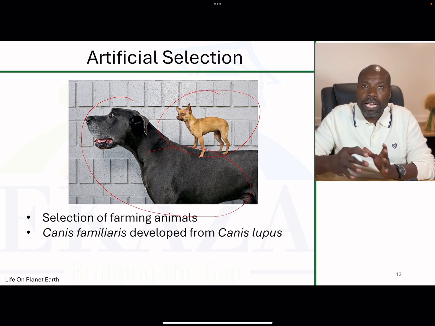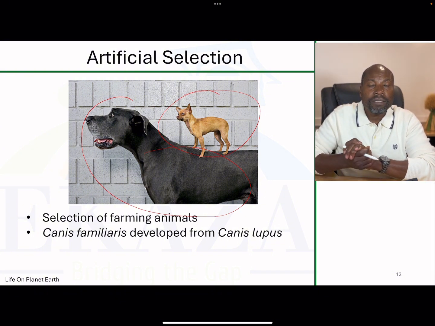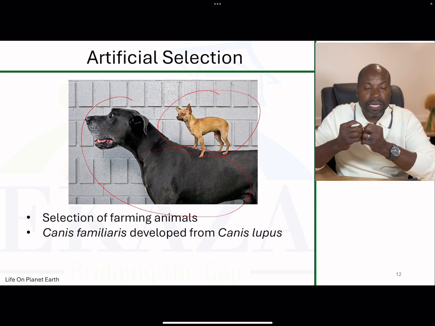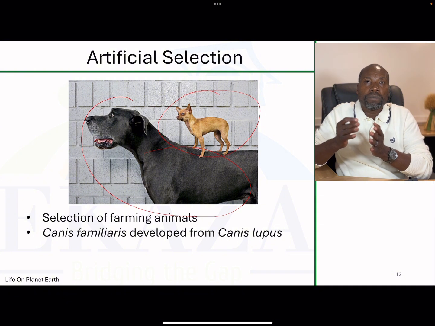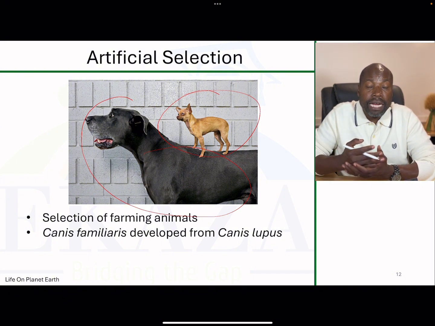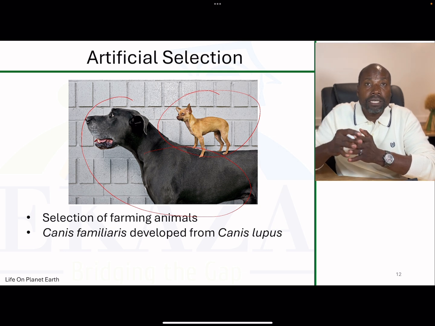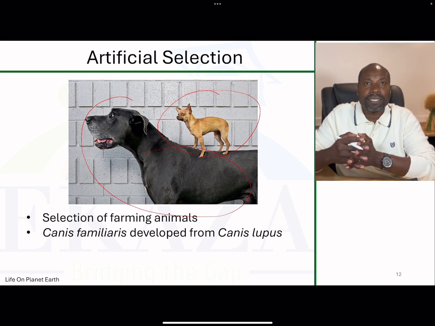And how did we achieve this? Well, we observed this because humans started breeding dogs specifically to keep the ones they like, right? And we have today dogs of different shapes and sizes, right?